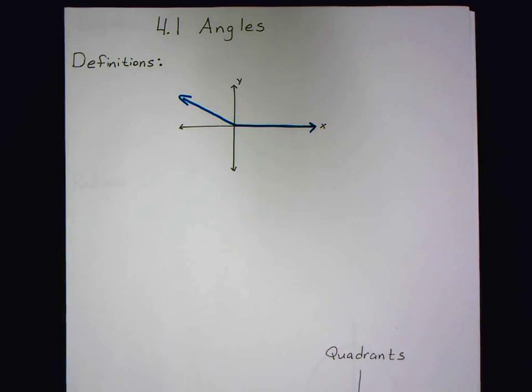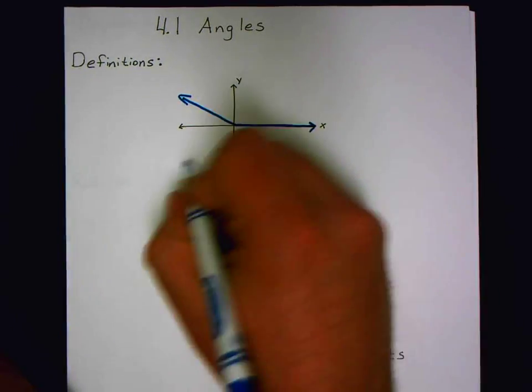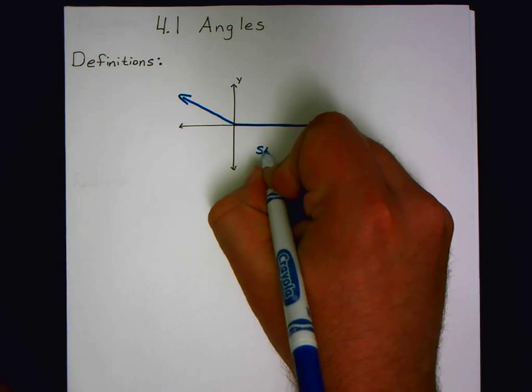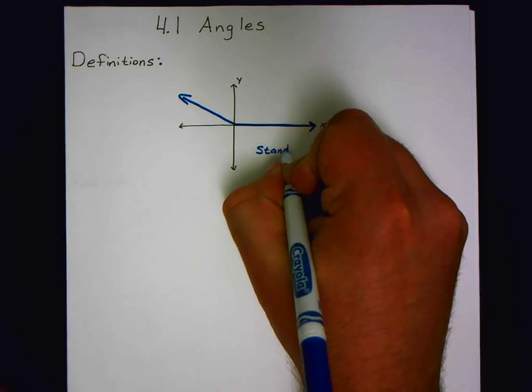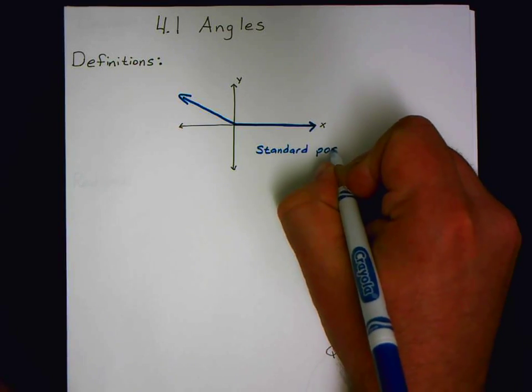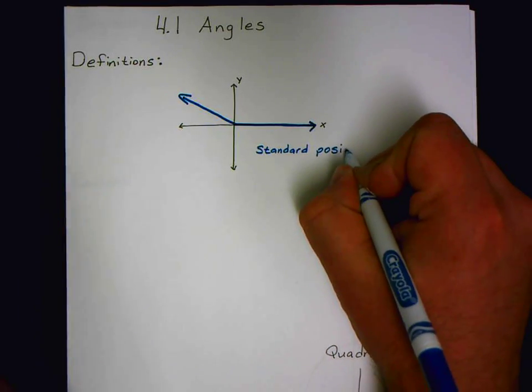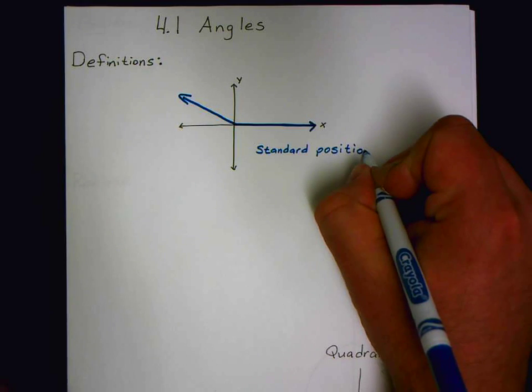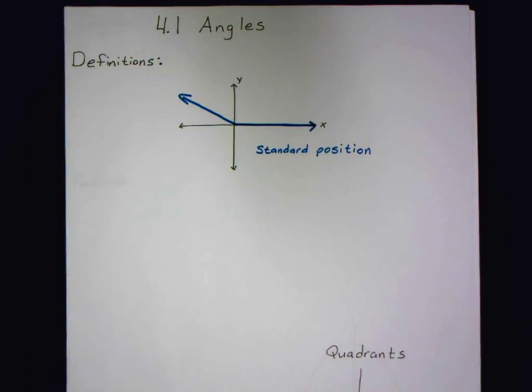Okay, in trig, first of all, this is called standard position. This is called standard position because my angle is drawn on the x-axis.